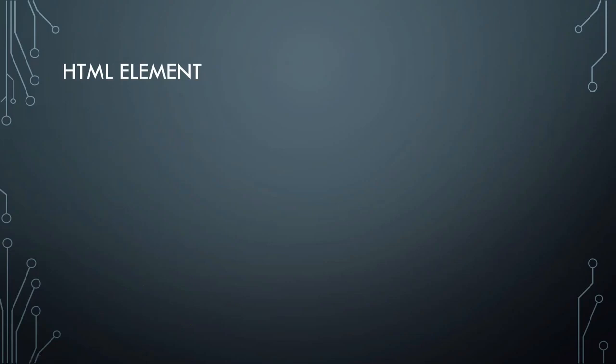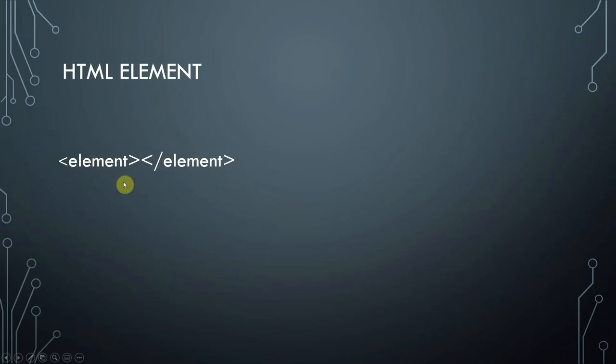So this is the last one. I'm going to show you what a HTML element is before we start. So HTML element is actually between a less than sign and a greater than sign. And this is not actually an element. I actually wrote element here just to show you that this is an element. So this is going to be the place where we actually put the name of the element, and over here too.